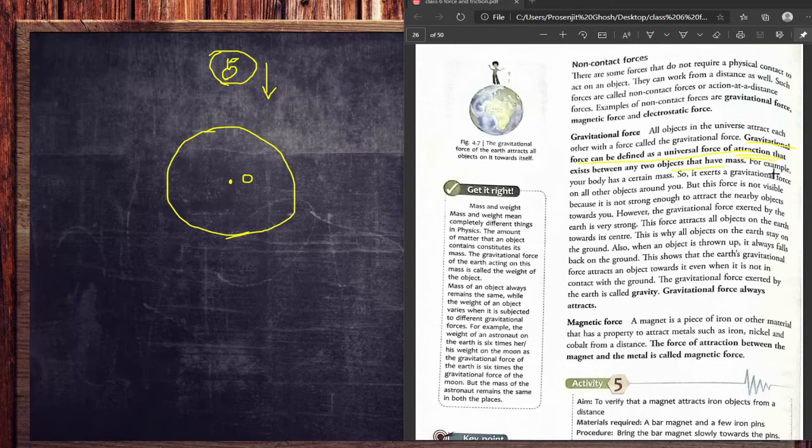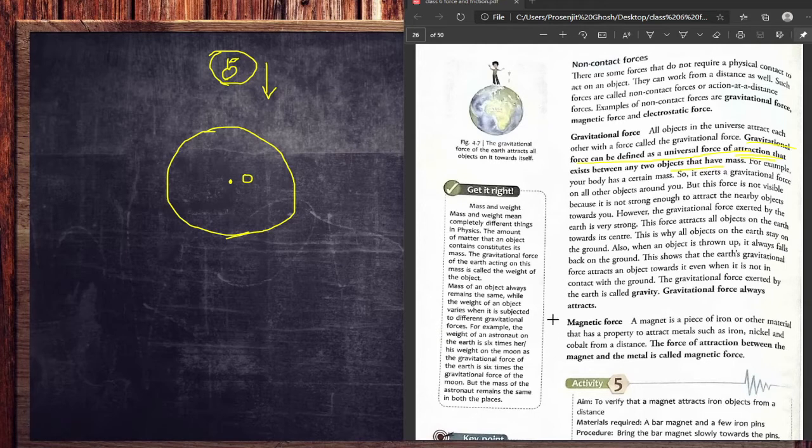Number one, you can write: gravitational force is the only attraction force. Second point, if the mass of the body increases, then the attraction force will also increase. These are the two vital points from where the question can come.